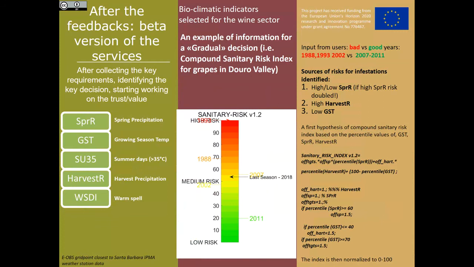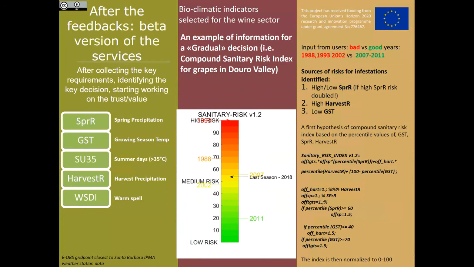And so we did a tuning with Sogrape, with Antonio, and with the other colleagues in Sogrape, of this index, tuning the right coefficients to weight in the right way all these factors. And here in this color bar, we report the representation of the sanitary risk index for the case years selected.